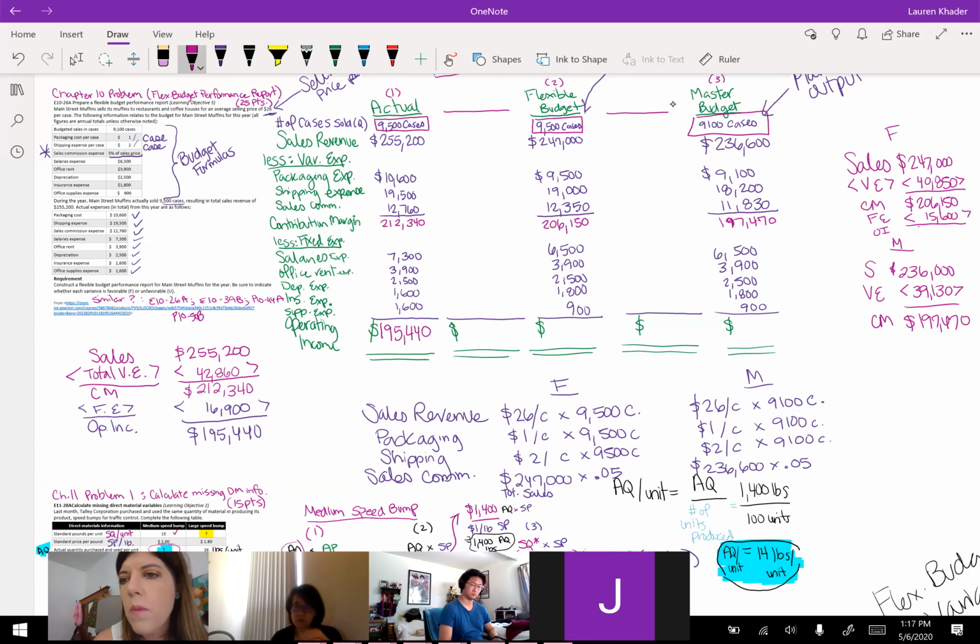For the flexible budget, it's 190,550. In the master budget, you're subtracting the same amount, 15,600, because fixed expenses don't change, to calculate operating income of 181,870.